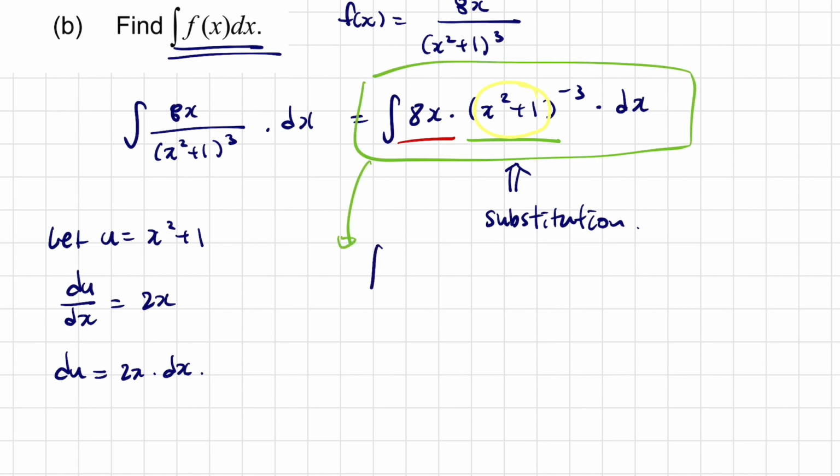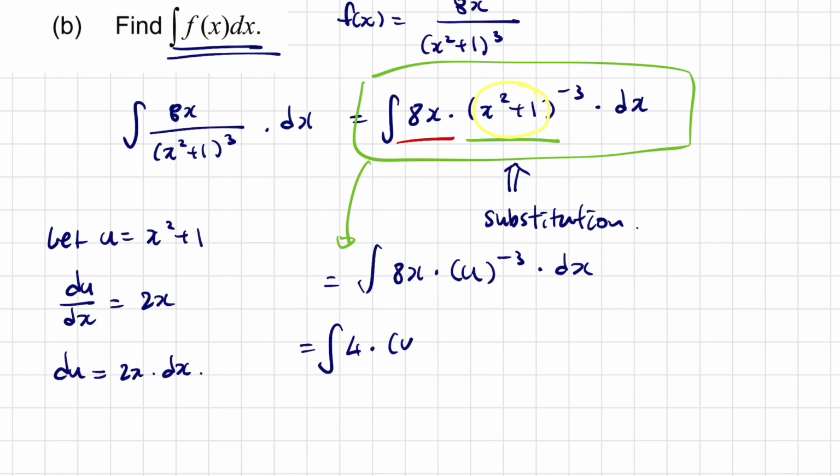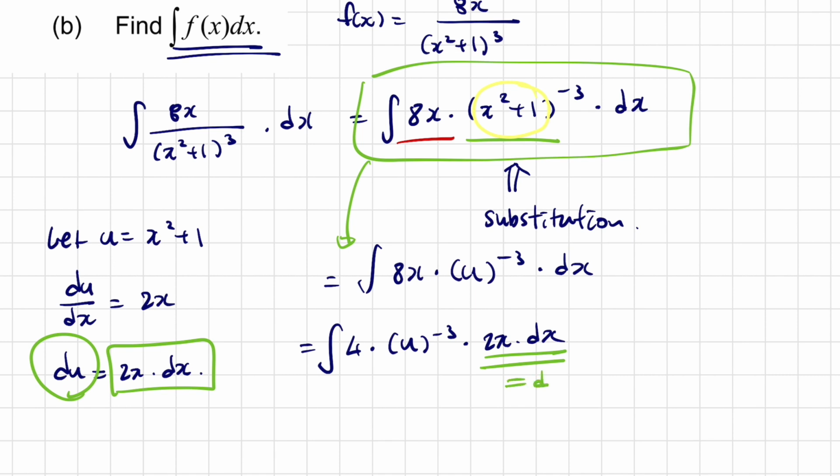We have 8x times, since we have said that x squared plus 1 is u, u to the power of negative 3, times dx. Then reorganizing this equation gives us 4 times u to the power of negative 3 times 2x times dx, right? We know that 2x times dx is the same as du, so we can replace this part with du.